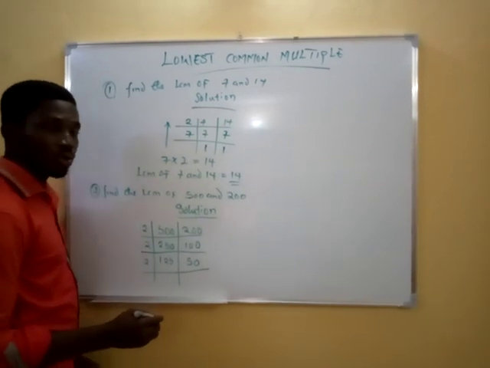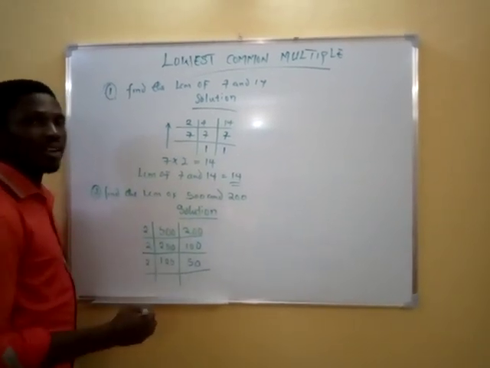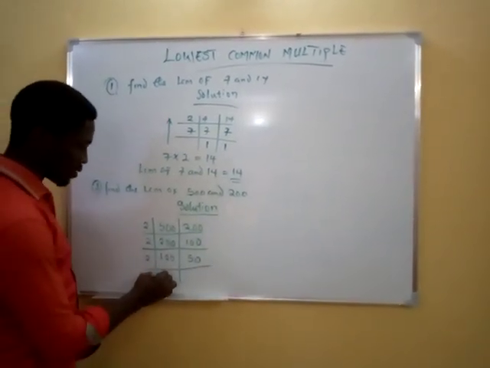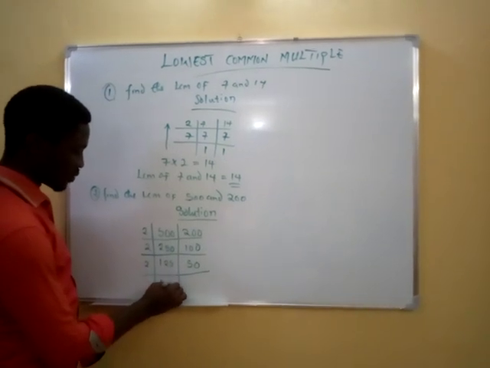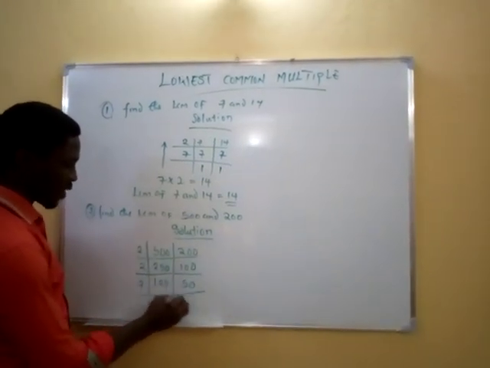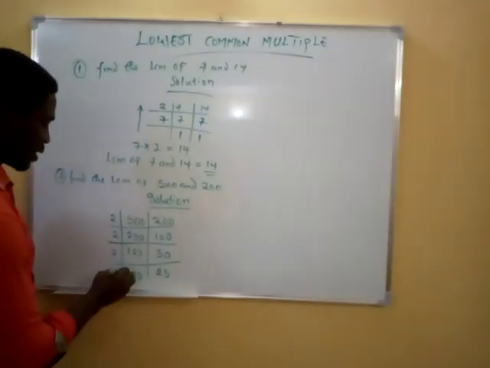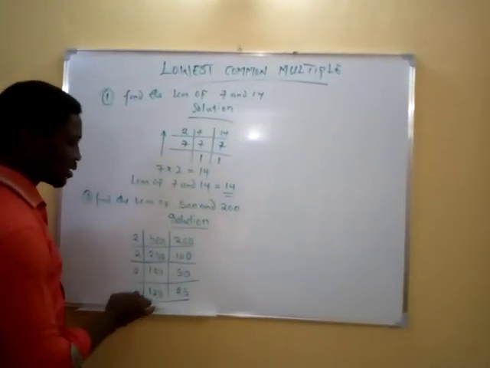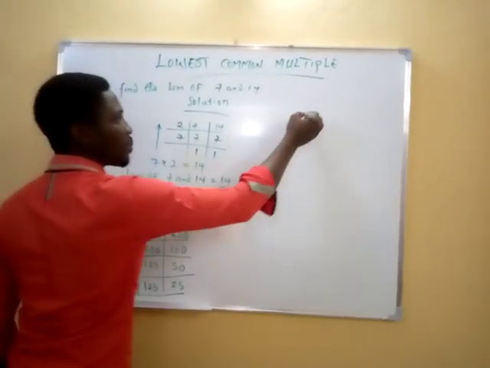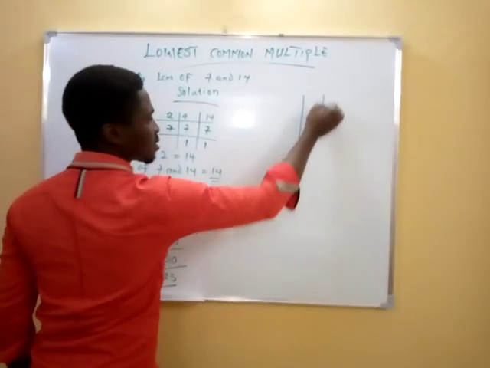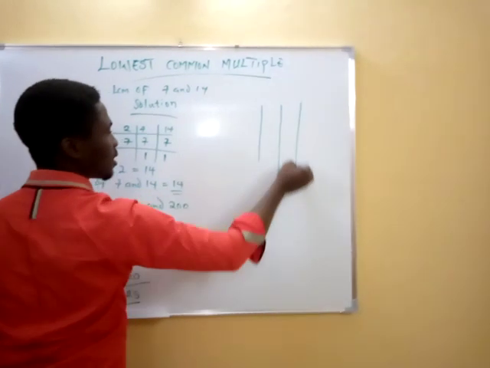125 divided by 2 is going to have a remainder of 1. So we'll bring down the 125. 50 divided by 2 will give us 25. Then we'll rule a line, and sorry, we have to move up here because of space.